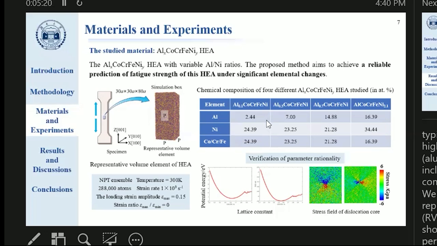We construct respective representative volume elements, RVEs, for these four materials, as shown in the figure. Then we perform cyclic loading using MD simulations to quantitatively measure and analyze the slip irreversibility and localization.